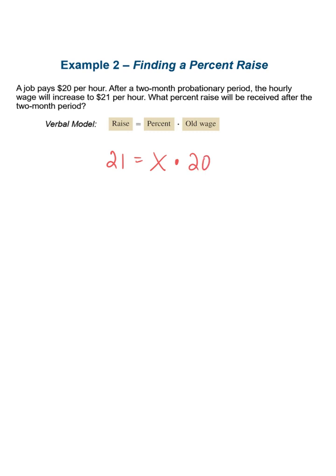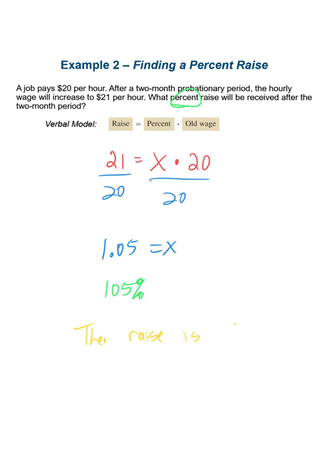The old wage is 20. Then here we're just dividing both by 20, and we're left with x equals 1.05, which if we're thinking percent, we might be thinking, okay, so 105%. However, if you're talking about a raise, this means the raise is 5%.